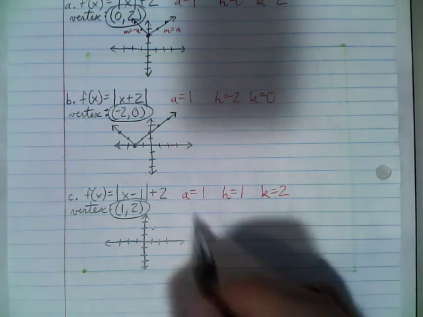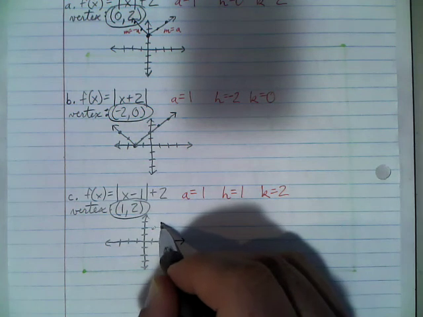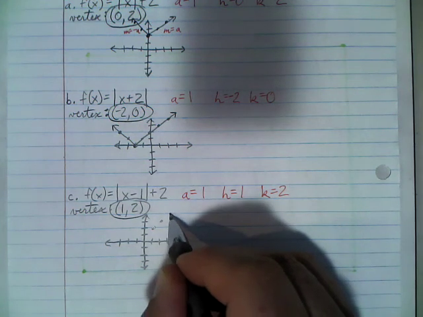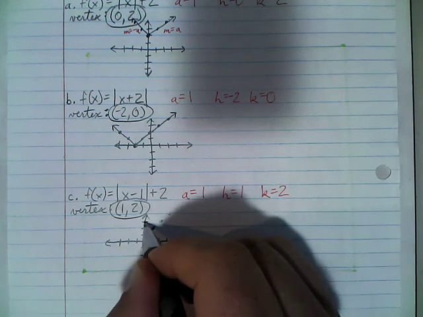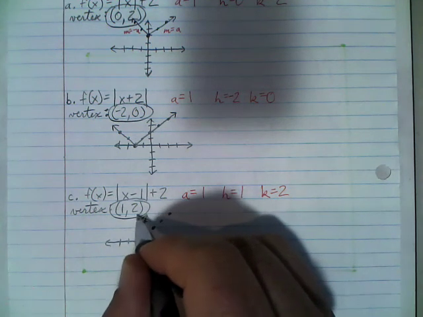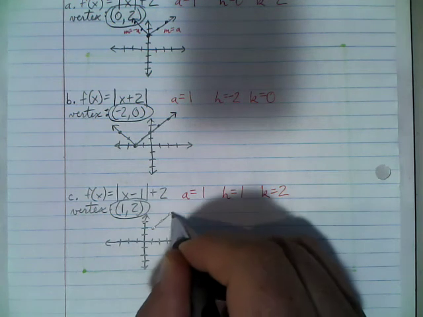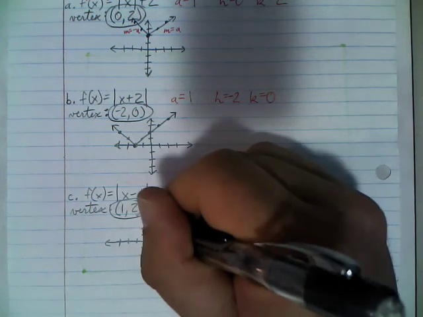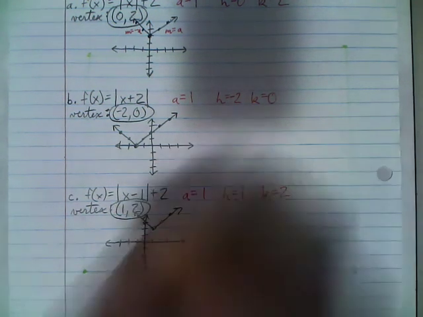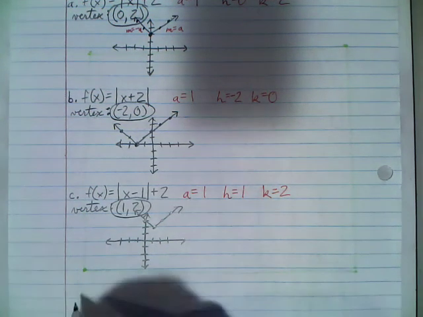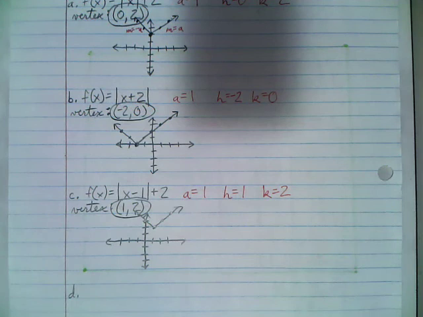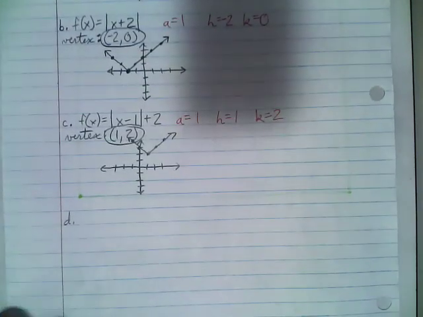To the right, my slope is a, so 1, up 1, right 1, up 1, right 1. To the left, it's a negative 1, so up 1, left 1, up 1, left 1. That right there is my graph. D. Describe the graph of each function.